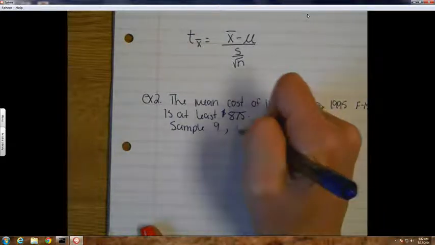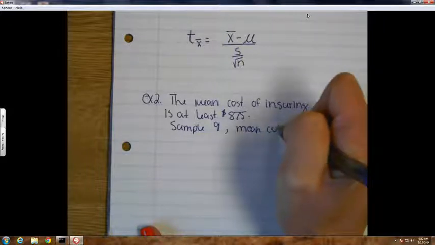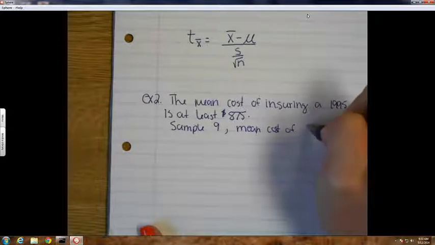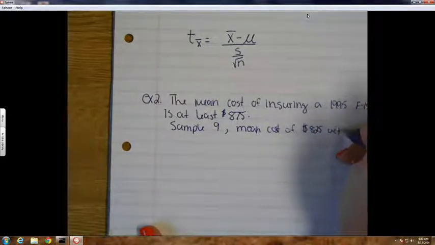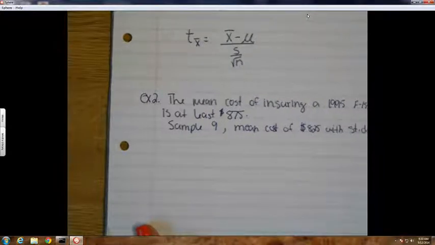They had a mean cost of $825 with standard deviation $62.